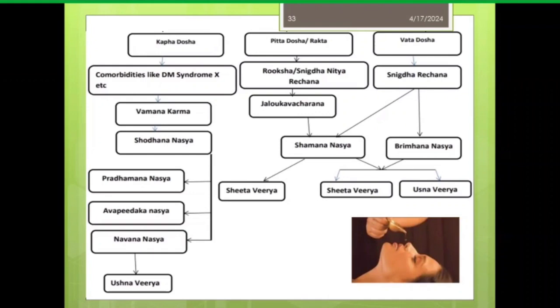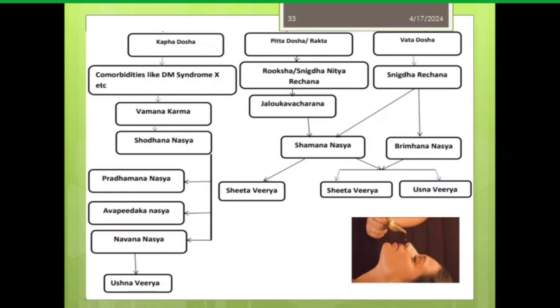At the same time, these are extra points: comorbidities where the medas is also involved, kapha is also involved, and syndrome X in a similar condition. Kala is also very important, where Vasanta Rutu and Hemanta Rutu are there. In those conditions, if the presentation is similar to that of Kapha, it needs to be understood as the involvement of Kapha.